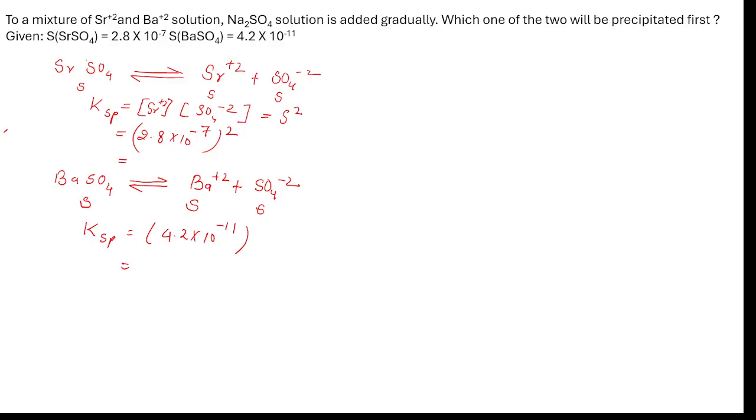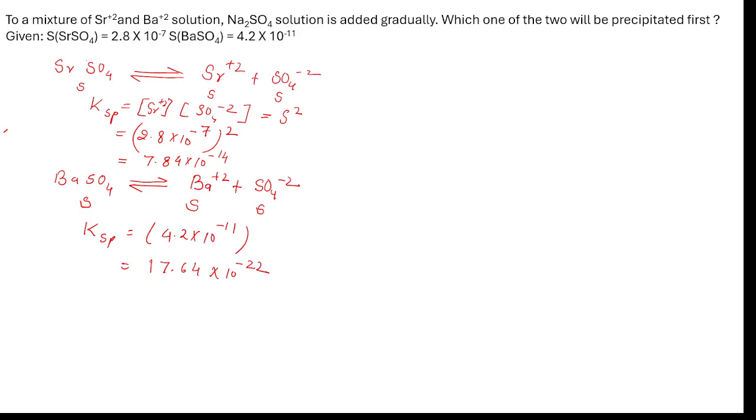Now let's solve this. It's going to give you 7.84 multiplied by 10 to the power minus 14. And here 4.2 multiplied by 4.2 is going to give you 17.64 into 10 to the power minus 22.